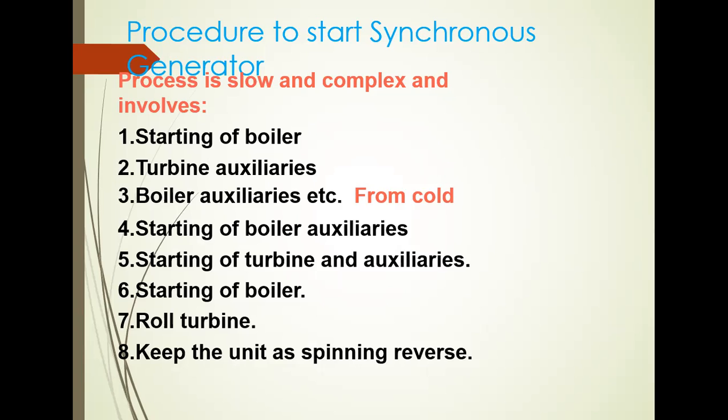At that time: starting of boiler and auxiliaries, starting of turbine and auxiliaries, and rolling the turbine. These are all the processes needed. Keep the unit spinning in reserve. That means starting the machine from the initial stage, that is, from cold.